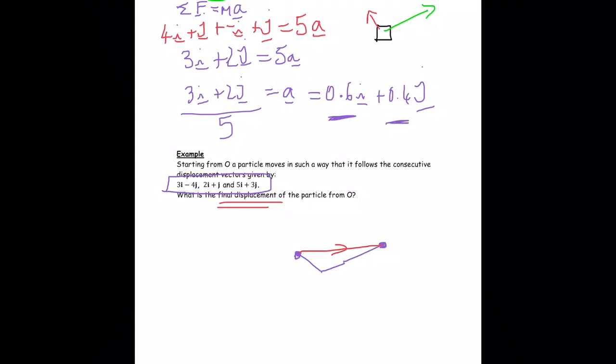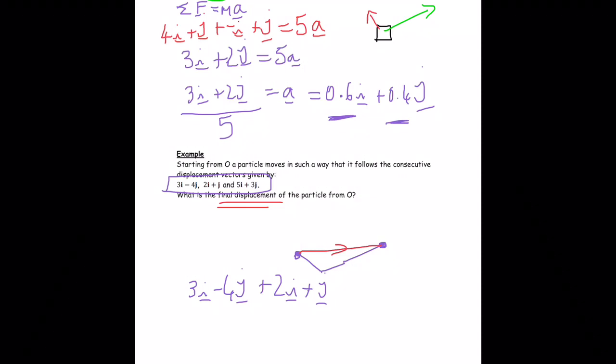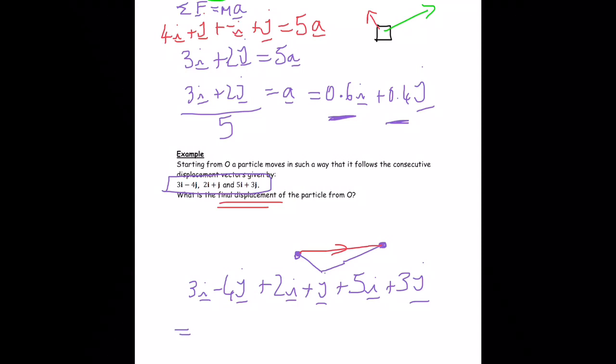Okay, so if a vector represents displacements, and I'm travelling along consecutive displacements, then all I need to do is add them all up together. So I take my 3I minus 4J, and then I add my 2I plus J, and then I add my 5I plus 3J, and all in all, I'm going to have 3 plus 2 plus 5, that's 10I, and minus 4 plus 1 plus 3, so no J's.